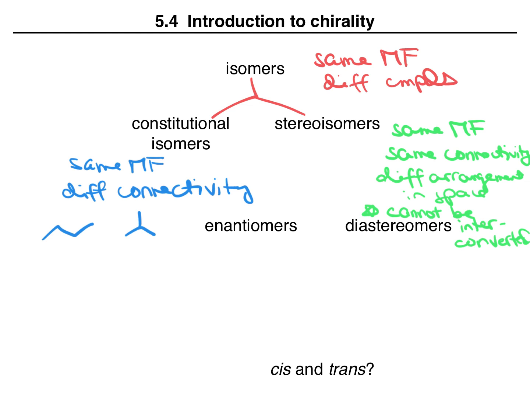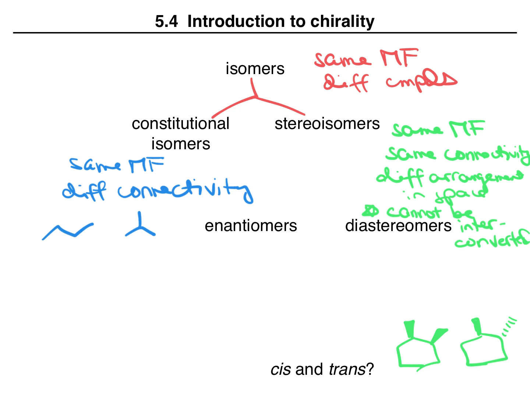So recently we talked about things like cyclohexane, and we could have disubstituted cyclohexanes. Maybe we have methyl substituents that are cis to each other and methyl substituents that are trans to each other. Now they have the same molecular formula, the same connectivity, because the methyl group is at C1 C2, C1 C2, but they have a different arrangement in space because this one's coming forward while this one's going back. And they cannot be interconverted. So this is an example of a pair of stereoisomers.